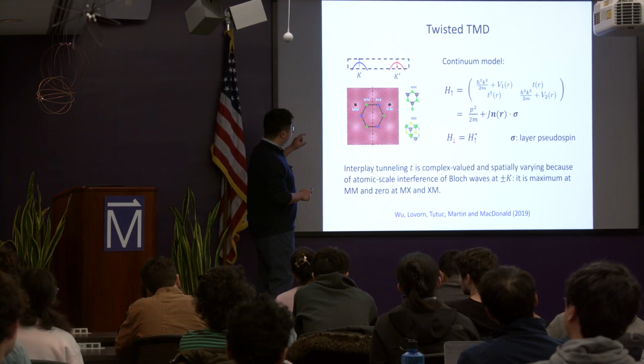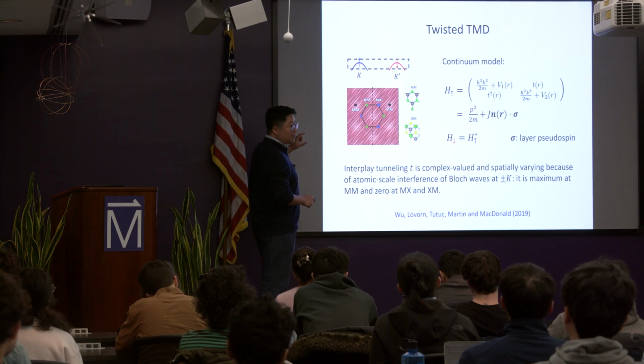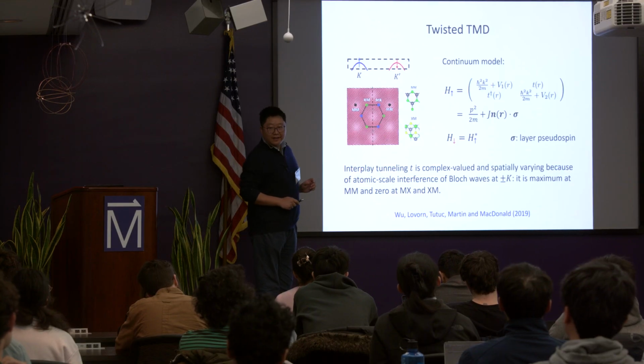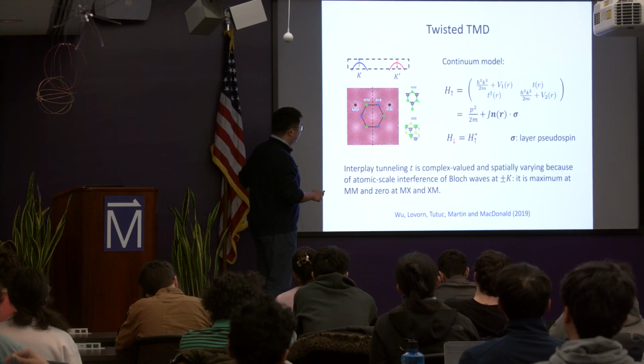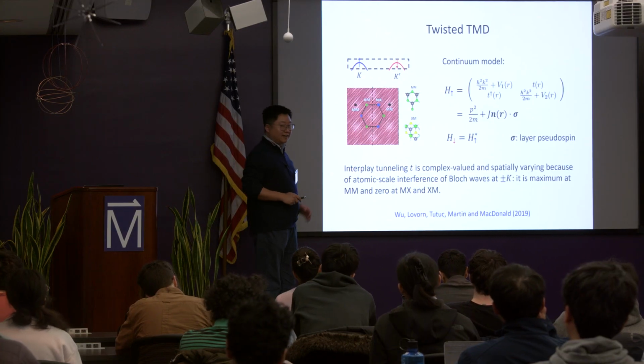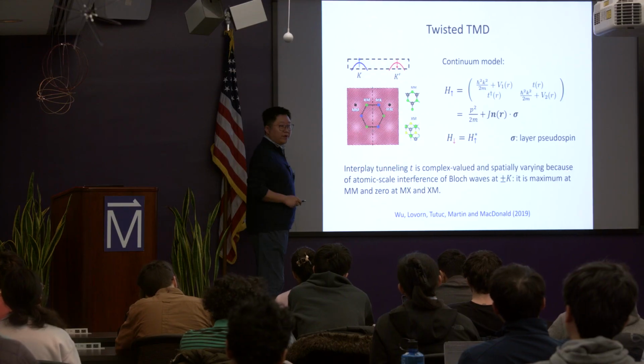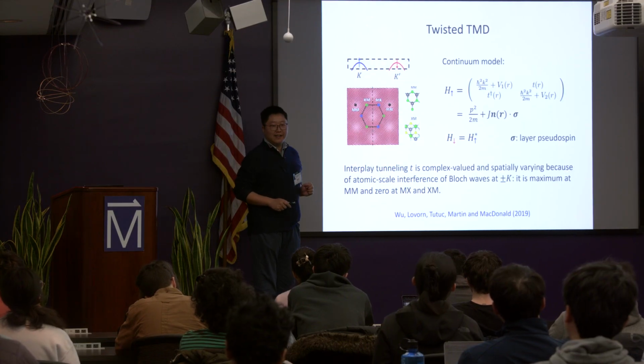But then there are other regions where the metal atom in one layer is aligned with the chalcogen atom on the other layer. So in order to tunnel from one metal atom in one layer to the next layer, there are three symmetry-related paths. The gray dot illustrates the metal atom. Each metal atom in one layer in the XM region tunnels with equal strength to three nearest neighbor metal atoms on the other layer.